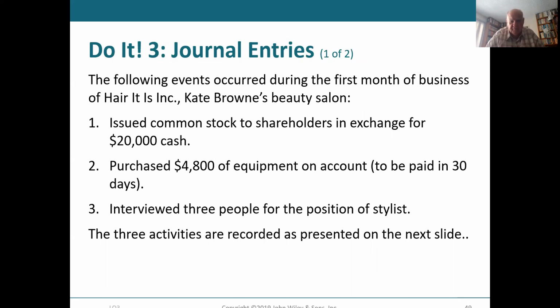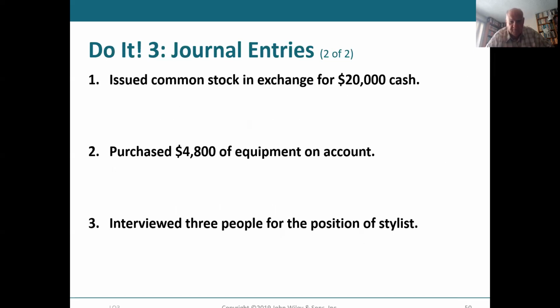Well, we know that on the first one, the cash and common stock, cash is going up and equity is going up in the form of common stock. We bought equipment on account because nobody had money, so we know it's going into accounts payable. We debit equipment 4,800, we credit accounts payable, and we interviewed people. Issued common stock in exchange for 20,000.